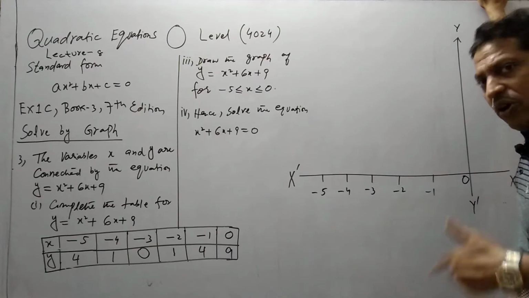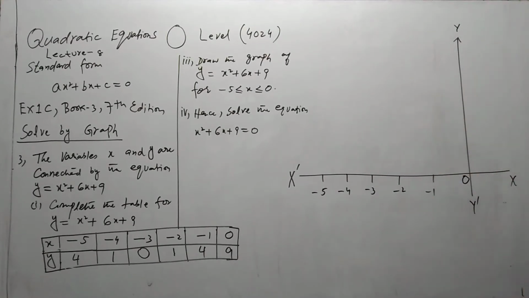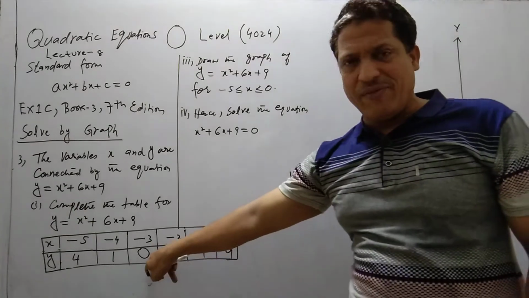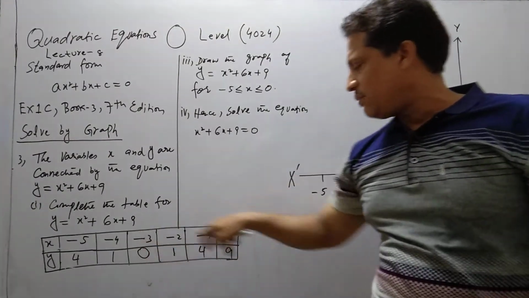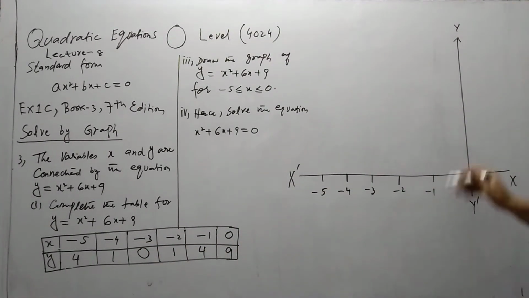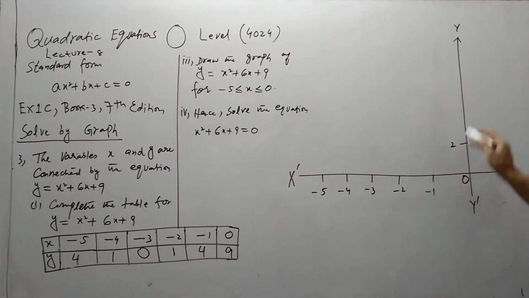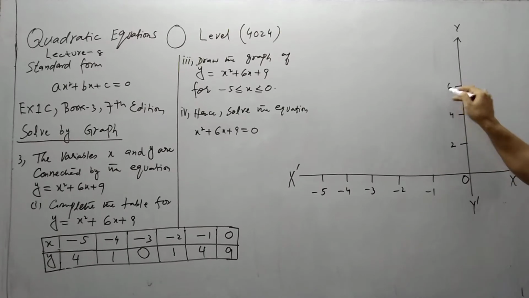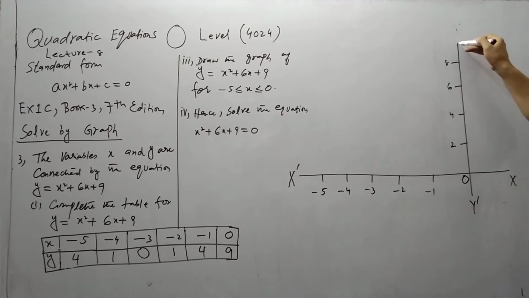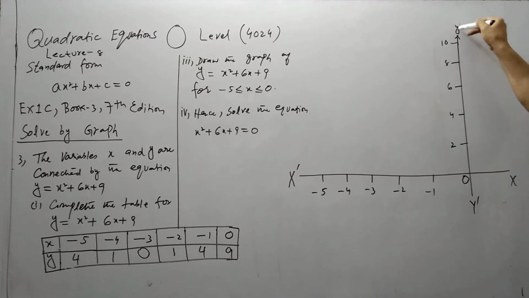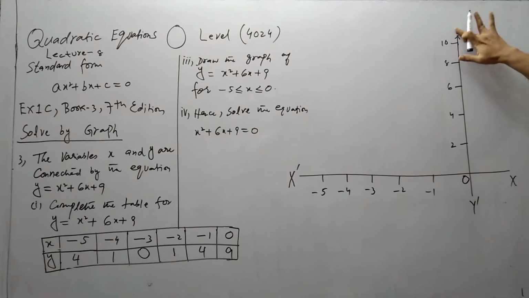You can take the same or different. I have to plot from 0, the minimum value of y, to 9, the maximum value of y. So I can take 2 centimeters to 2, 4, 6, 8 and 10. This is my positive side. Okay, student?